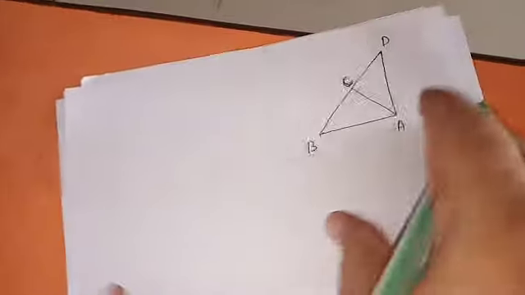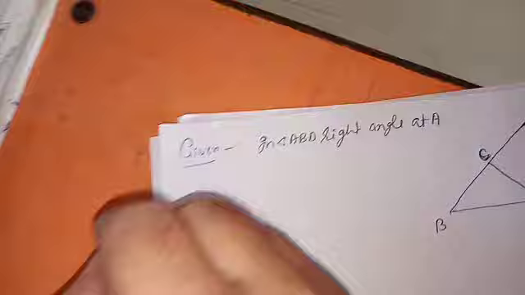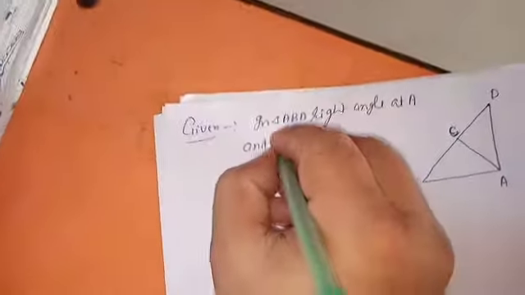Understood? So first you can write again, given: in triangle ABD, right angle at A and AC is perpendicular on BD.